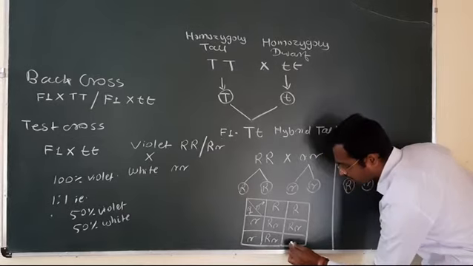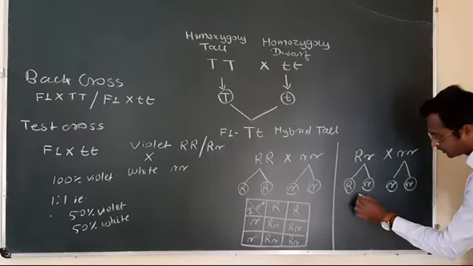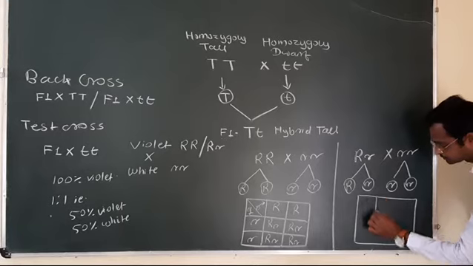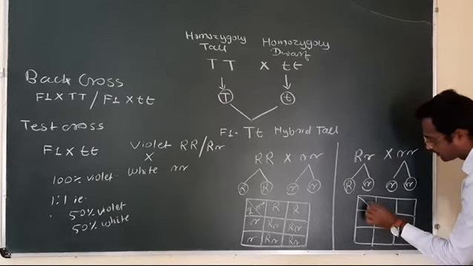And put these gametes also in the checkerboard. Male, female, capital R, small r. Understood? Now evaluate the progeny formed.